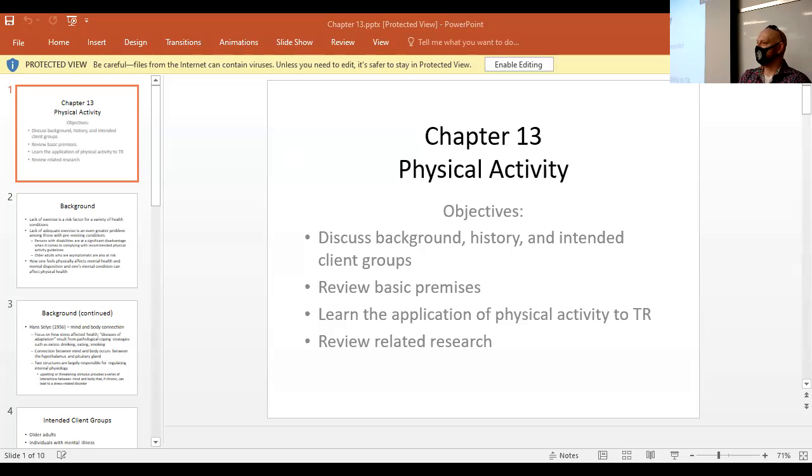If you're doing something that is going to help them physically, it needs to be recreational and leisure-based in nature for it to be actual recreation therapy. So we'll run through this chapter and talk about physical activity. A lot of this, especially this first part, is common sense for you guys.